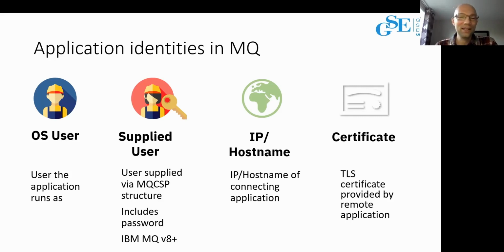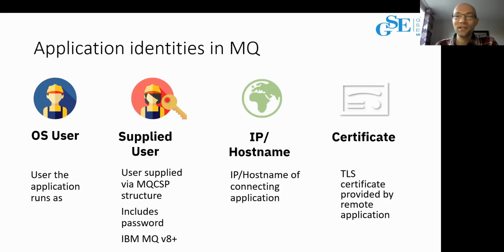Now, more recently, and by more recently, I mean MQ version 8, which has been out for many years by now, but it is more recent in the scope of the 25 years or so that MQ has been around, we added the ability for applications to programmatically specify a user ID and also a password when they connect to the queue manager.